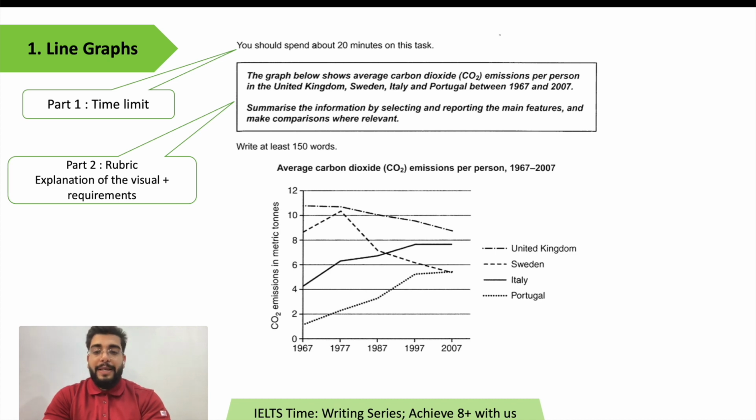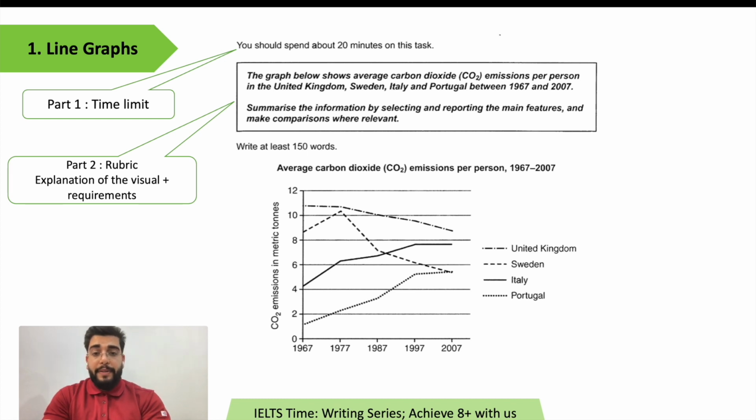You mustn't include whatever you see. I mean, all the information, all the data. That's not possible. So how do we summarize the information? By selecting first, reporting the main features. So first, select the main features. You need to understand what features here on this graph are important, or the main ones, and then report them.